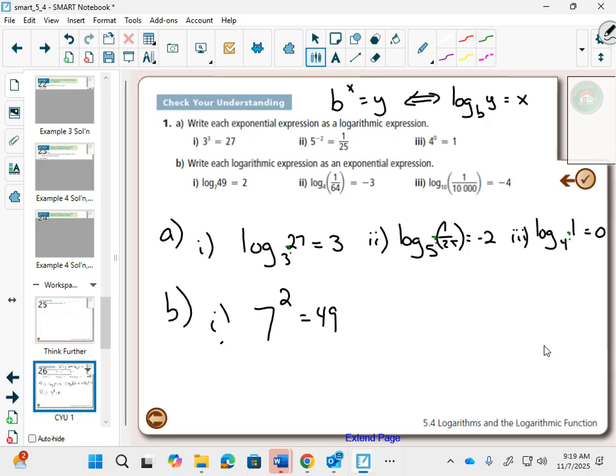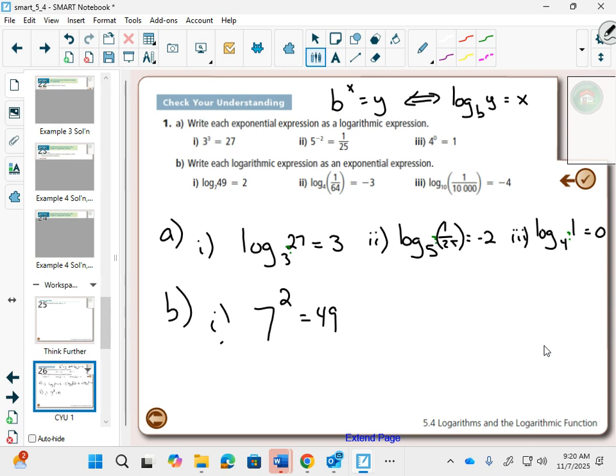True or false? True. Okay. Does your brain look at the log one, though, and say true right away? Log 7 of 49 is 2? Whew. Right? Not yet. But this is where we're developing our ideas of what this new notation means.